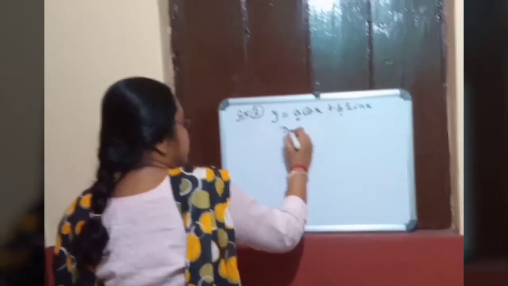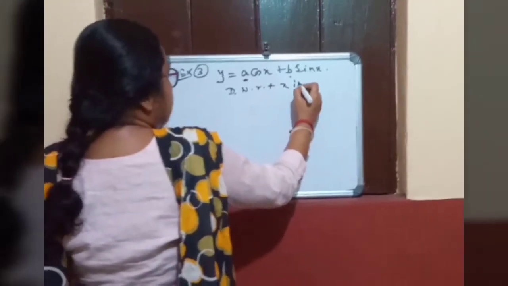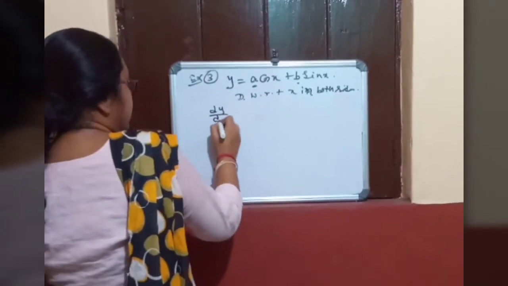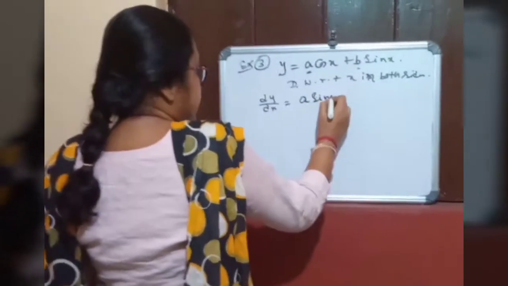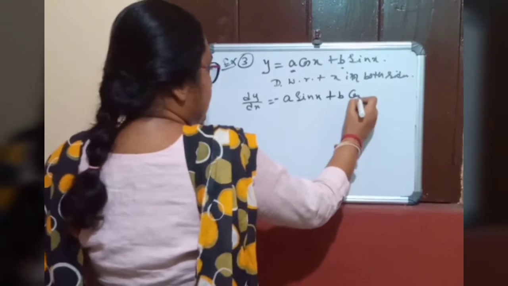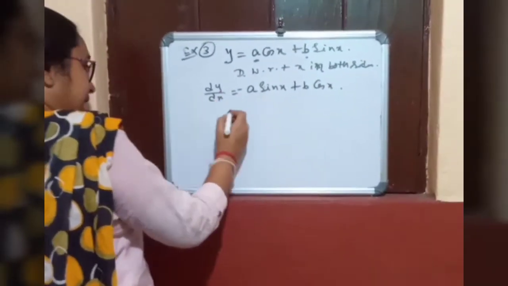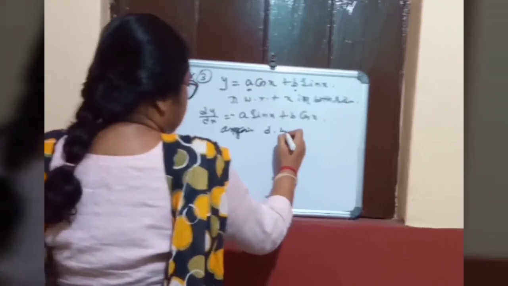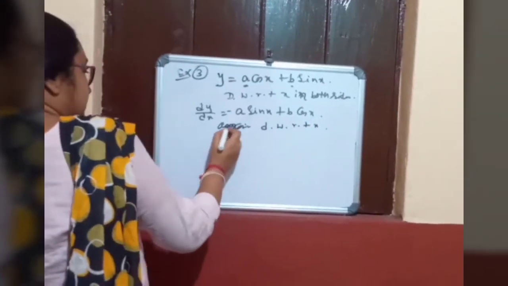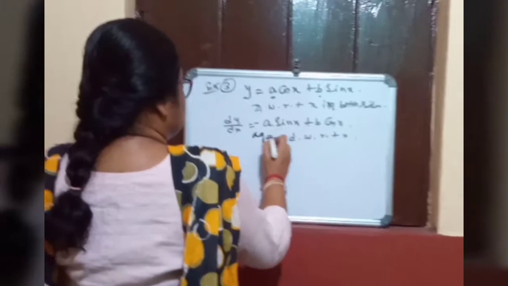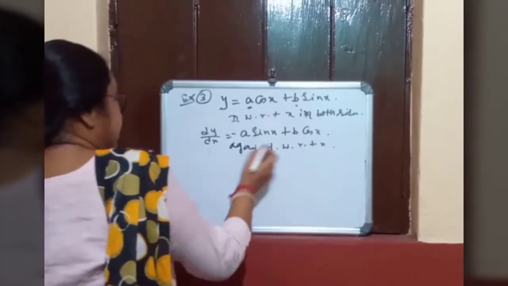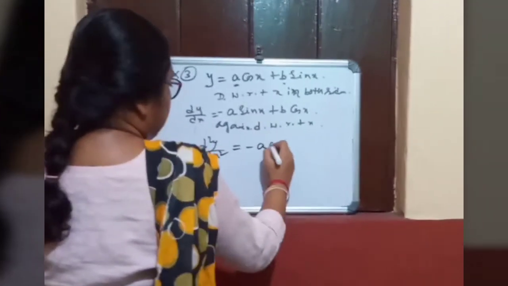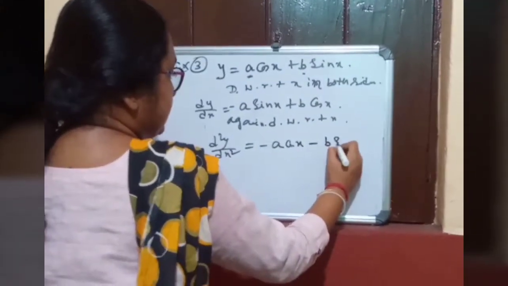Now differentiate first with respect to x on both sides. This gives dy/dx equal to minus a sin x plus b cos x. Now again differentiate with respect to x, so d2y/dx square is equal to minus a cos x minus b sin x.